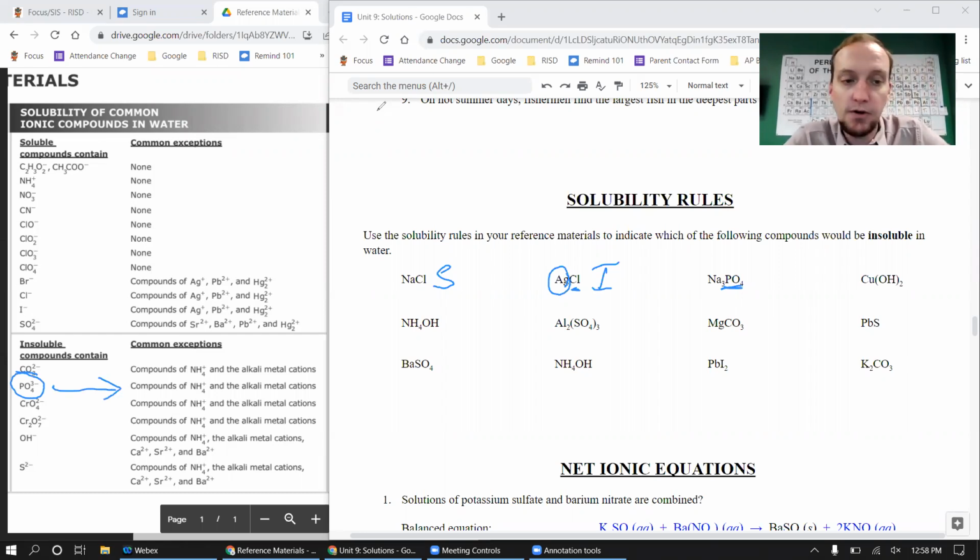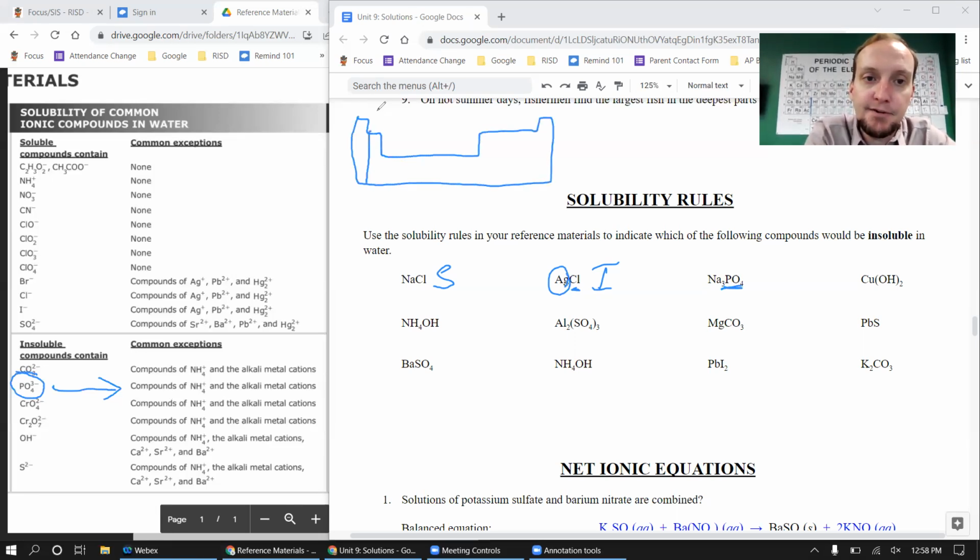It should not dissolve in water unless it has a compound of ammonium, which is NH4, or any of the alkali metal cations. A lot of people forget what that is because we learned that so long ago, but an alkali metal cation is anything in the first column. Anything in the first column is an alkali metal.